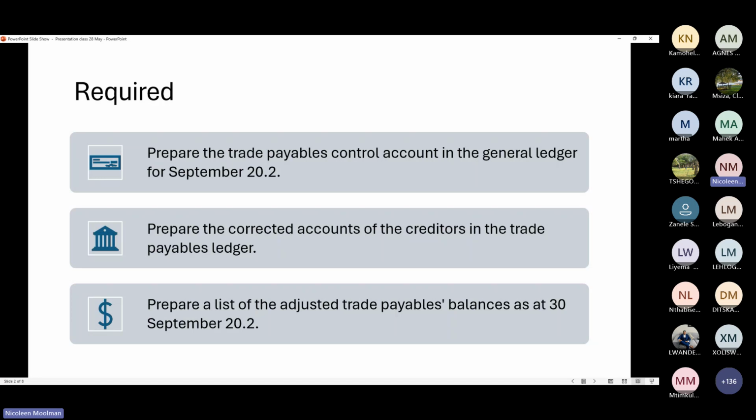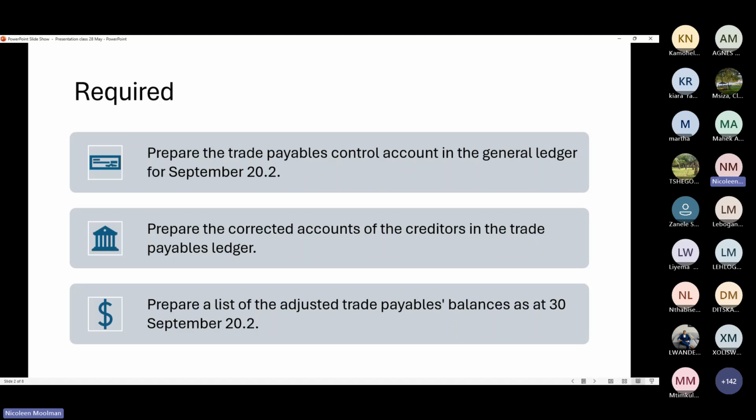I like to always start with the required section first in the question. This helps you to identify what information you need to look out for when you start going through the information provided. There were 3 required in this question.